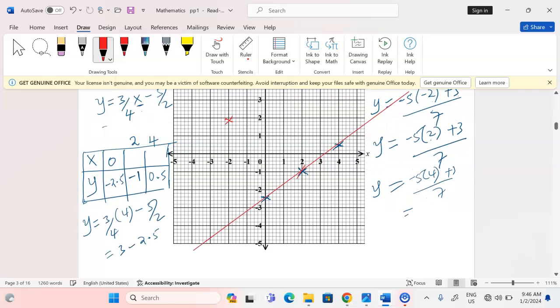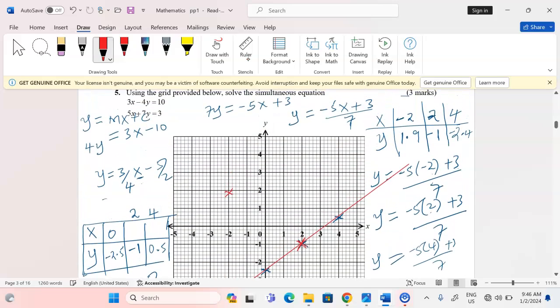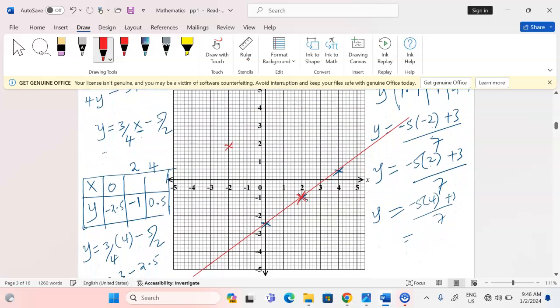And finally, 4 and negative 2.4, which should have the coordinate at this point. So those are the three coordinates for the second line.